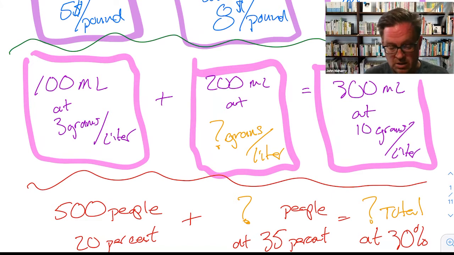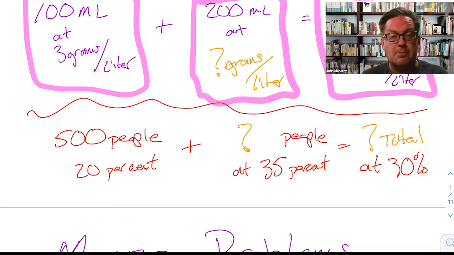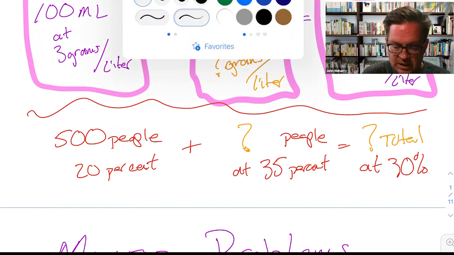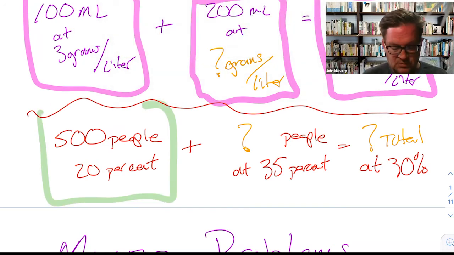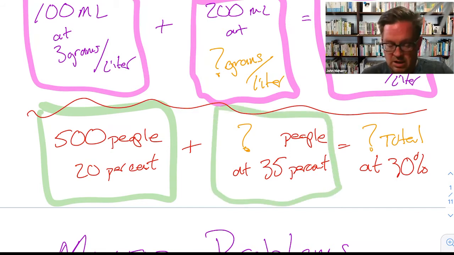That's another rate. Another rate we've talked about is a percent. A percent is just a rate per cent. It would be 500 people, and maybe 20% of them answered yes on a survey. So 500 people at 20%. And then you had another group of people, you don't know how many they are, and they answered at a rate of 35% yes.